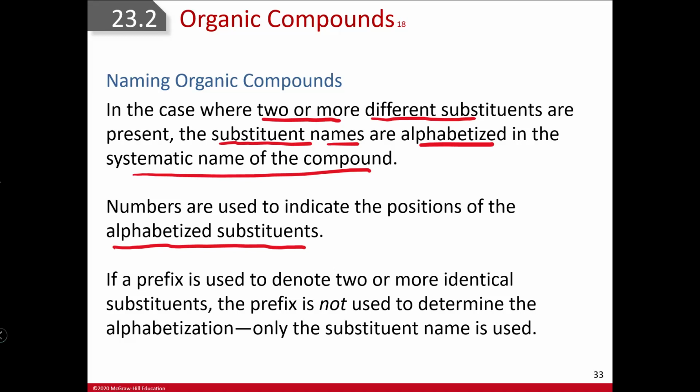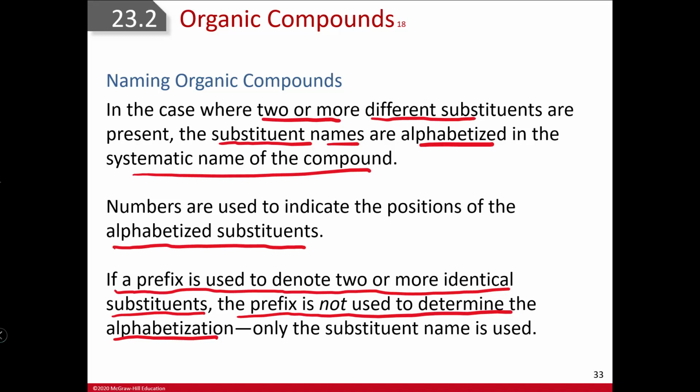If a prefix is used to denote two or more identical substituents, the prefix is not used to determine alphabetization. You don't say diethyl or dimethyl takes precedence over ethyl.